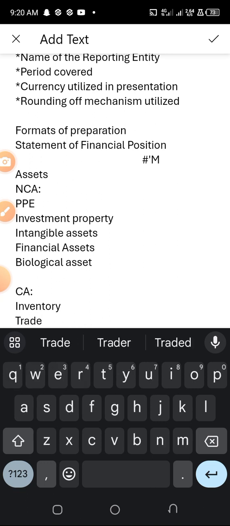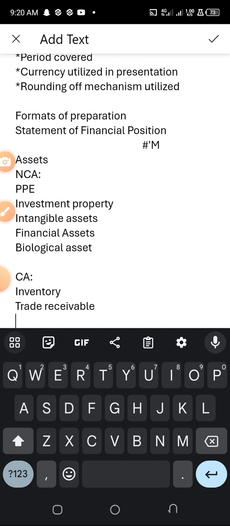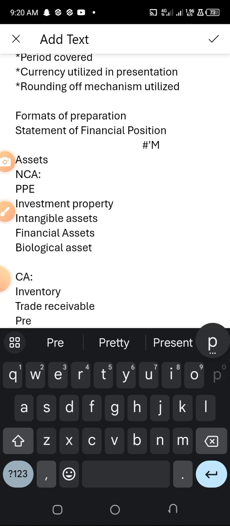Then the next one is trade receivable. That is what we used to call debtors in those days. And then the other item here is prepayment. All of these items come under current assets.